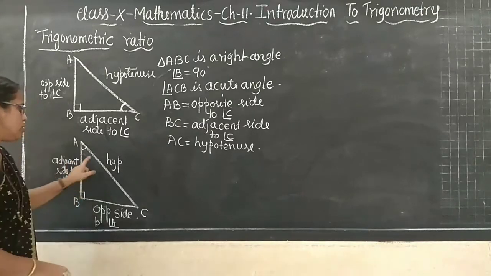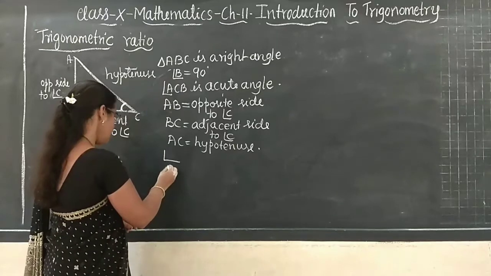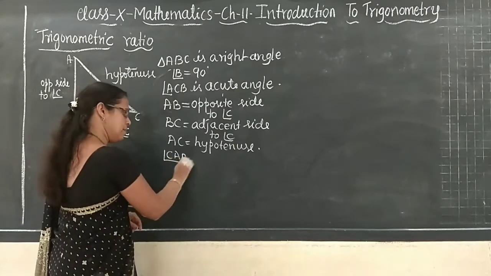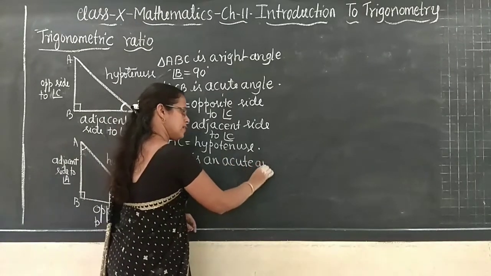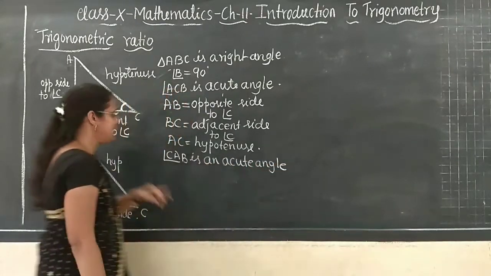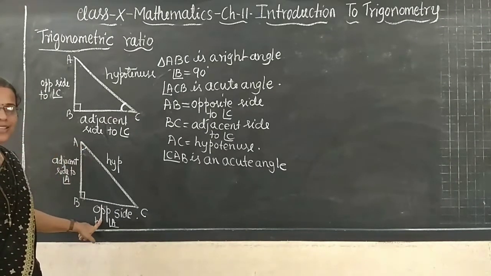Okay, children. So now what you take? Angle CAB is an acute angle. In this case the acute angle is angle A. So angle A front side is called as BC.